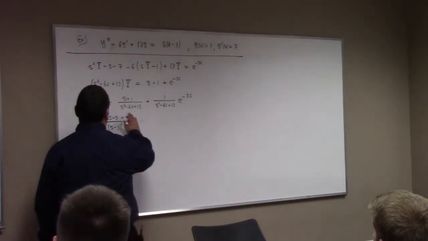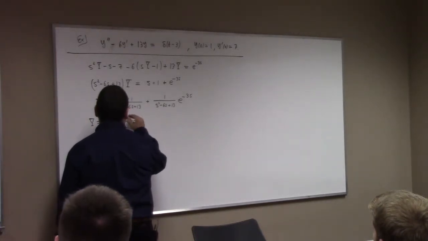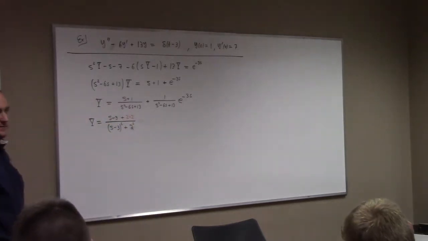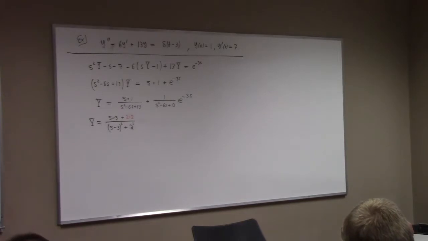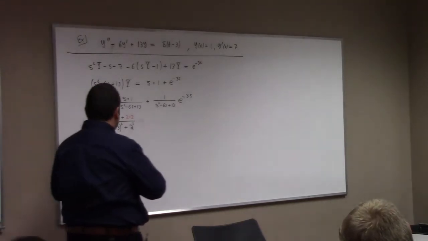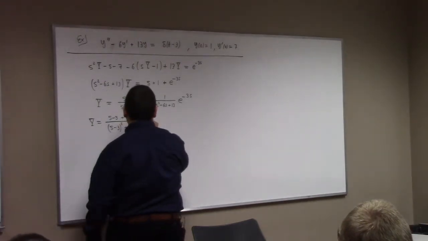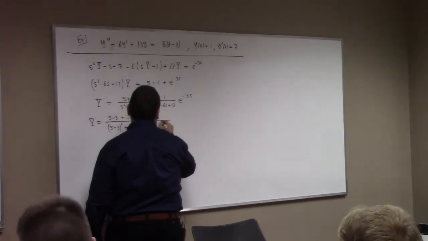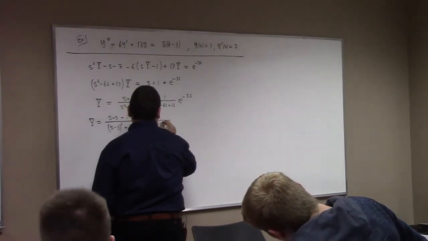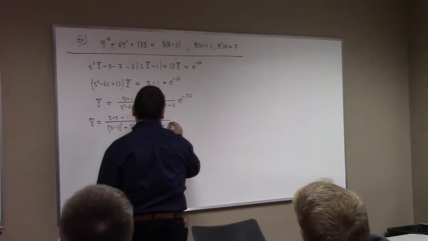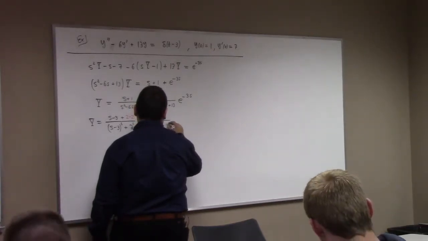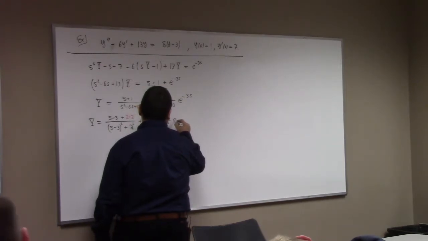Fine. That 4 I'm going to write as 2 times 2. All right, and then plus 1 over s minus 3 squared plus 2 squared, e to the minus 3s.